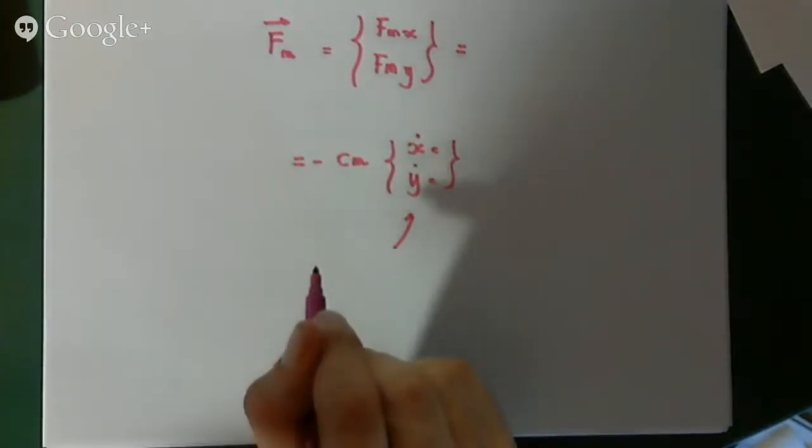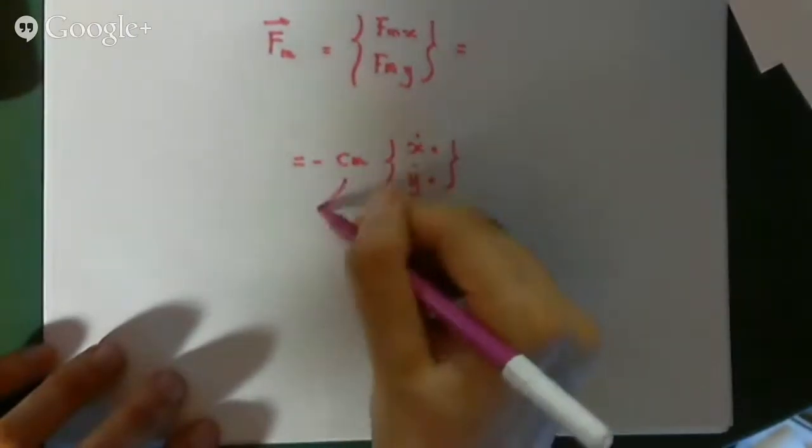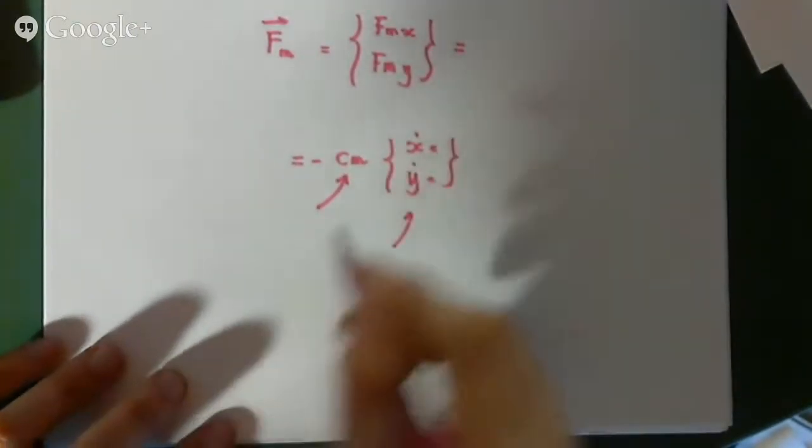And Cn is the non-rotating damping coefficient.